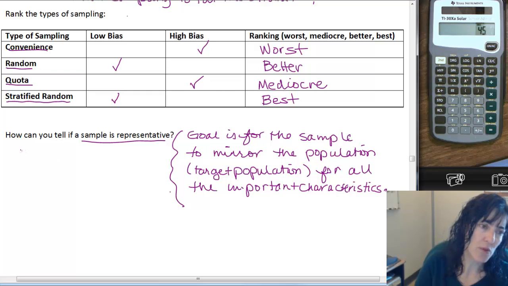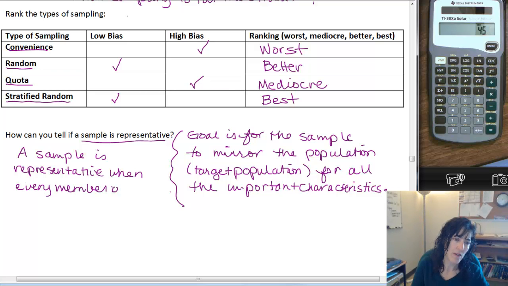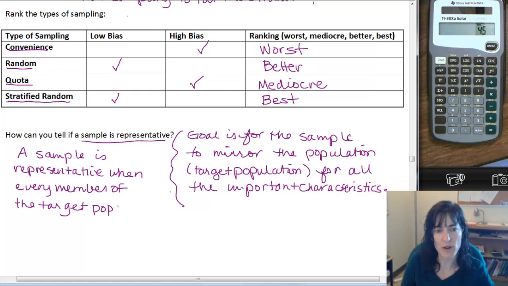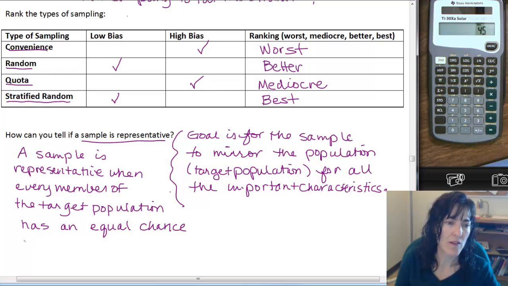You can say a sample is representative when every member of the target population, that means who you're considering to make conclusions about, has, and here it is, an equal chance of being chosen.